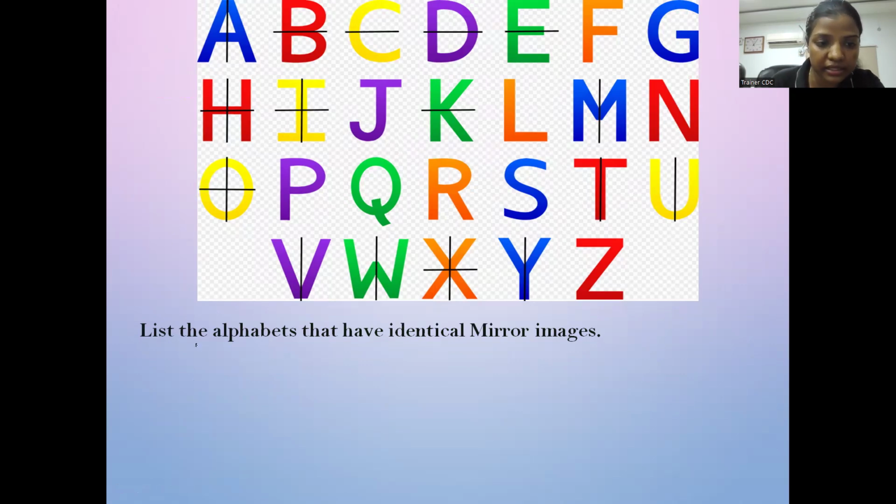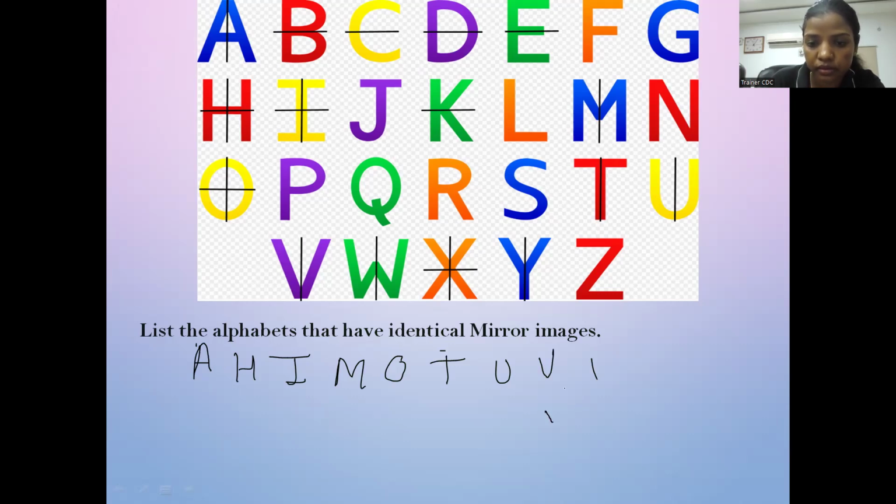So can I list A, then we have H, then we have I, M, O, T, U, V, W, and Y. These letters will look the same in the mirror image.